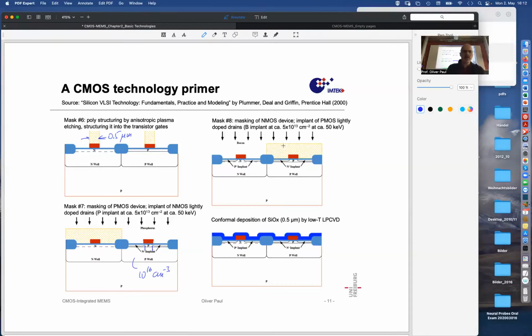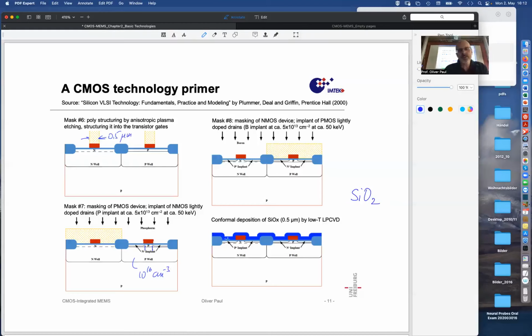So that being done, now there follows a conformal deposition of silicon oxide. And you know that silicon oxide is usually written like this. If you take glass, window glass, or quartz, the ratio of silicon to oxygen is 0.2.